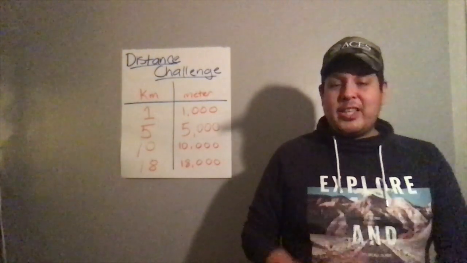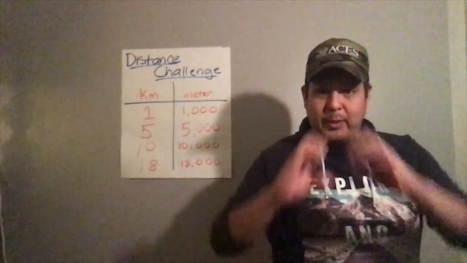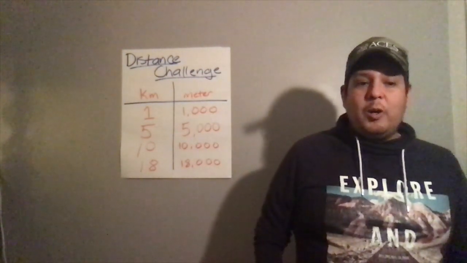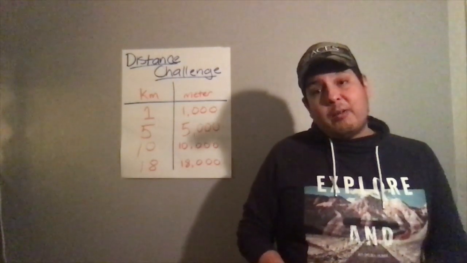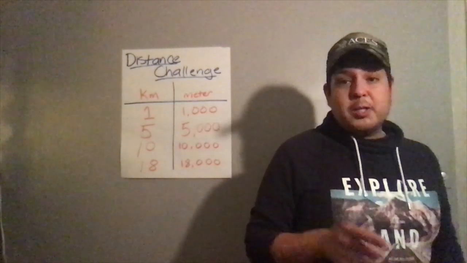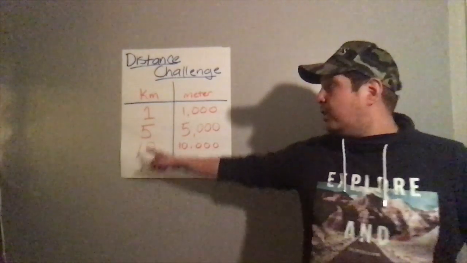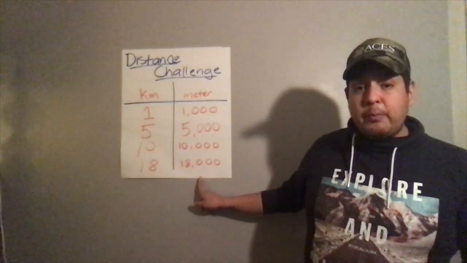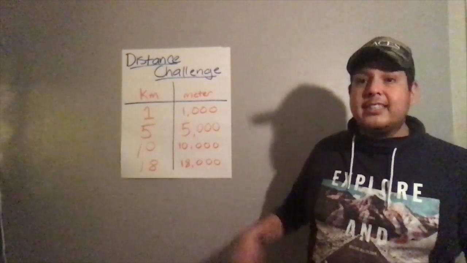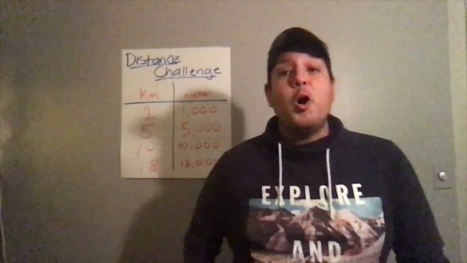And I want to make sure that I interact with you, give you a thumbs up or a little heart, or help you figure out, if you didn't get it right, what went wrong, okay? So please make sure that on your ratio table, you go ahead and include that 30K race and fill out in your notebook how many meters that is, and then let me know in the comments below what you got, all right? Nice job, everyone.